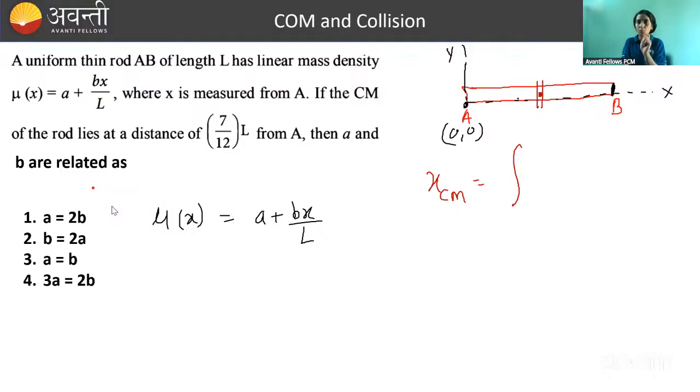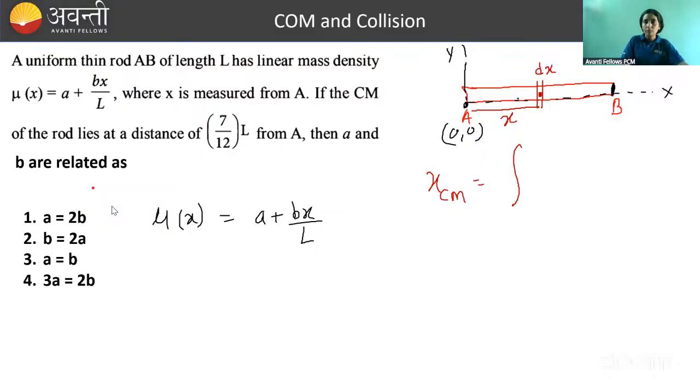If there is a point mass, then its center of mass is at that position itself, right? So if we take a small length dx, which is almost a point mass, its center of mass will be here itself. So let's say it is at a distance of x. So for dx length, the center of mass is at x distance.